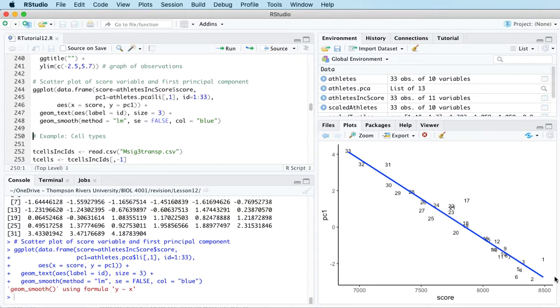So the best athletes were over here on the right of the graph. The person marked number 1 won the gold medal. Number 2 won the silver, and number 3 won the bronze.